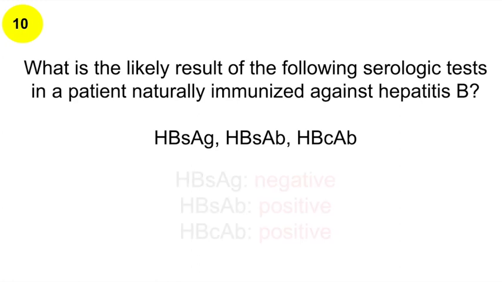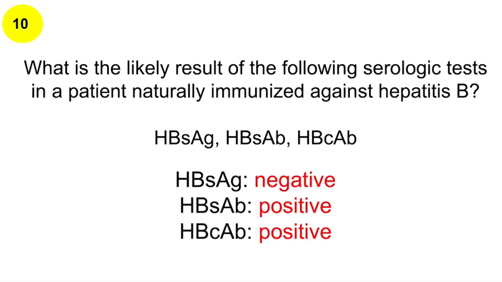So, how you can remember this is when you see that the core antibody is positive, this means that the patient has come across hepatitis B. So, that's either a previous or ongoing infection.